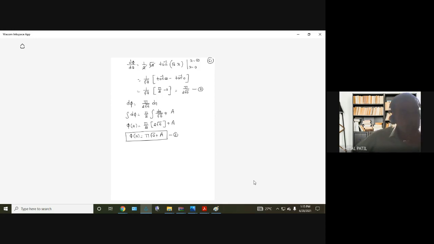We started with given phi of a equal to, so you write that equation as equation number 1.